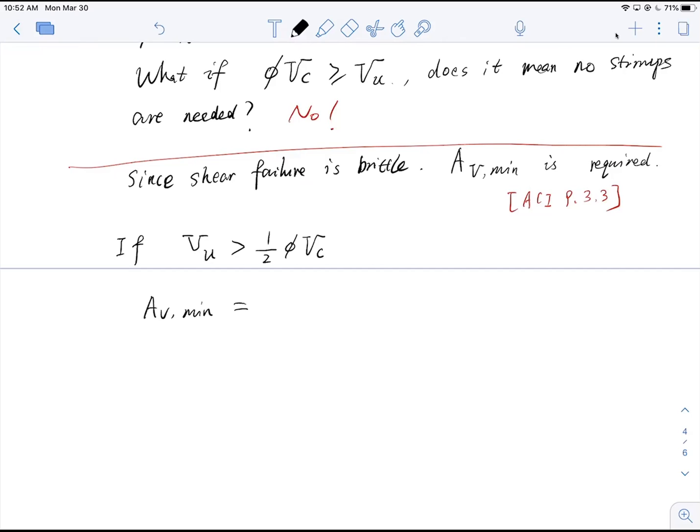And Av min equals 0.75 square root f'c times bw times stirrup spacing s divided by fyt.